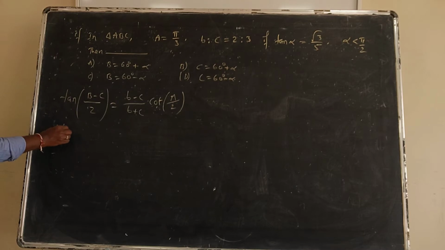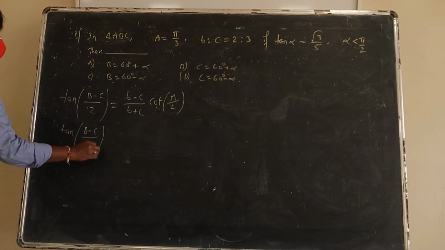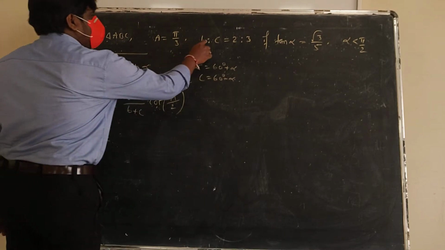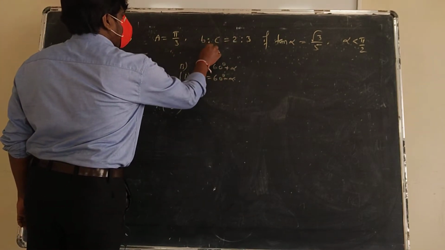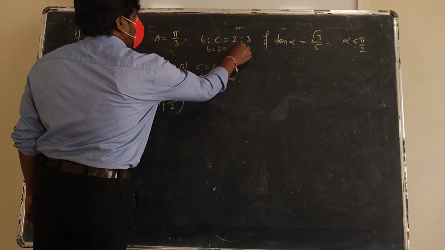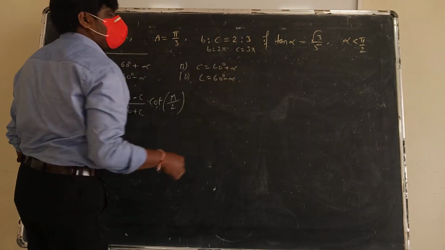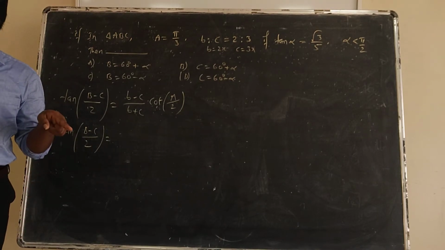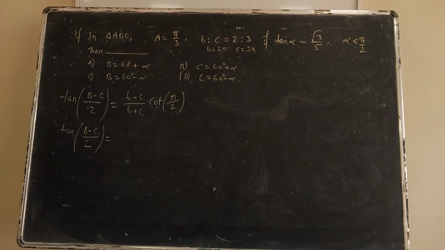According to this, I can write tan of (B minus C) by 2 is equal to, what is b here? b is to c is 2 is to 3, so b is equal to 2x and c is equal to 3x. If there is a ratio, then the sides will be b equal to 2x and c equal to 3x.